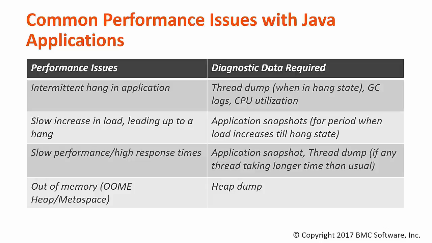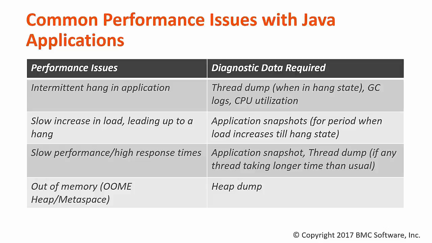The third scenario is slow performance, or we can say high response time. Sometimes in a Java application we may observe slow performance for a particular use case, while the other use cases work fine.